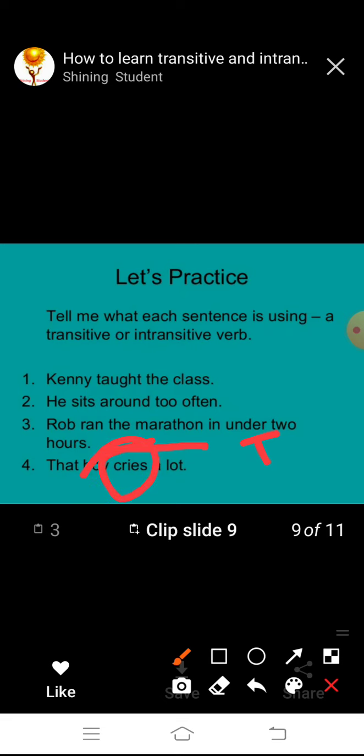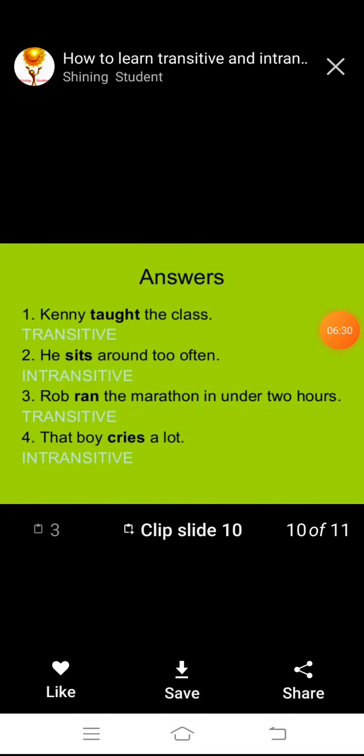The answer we get is a lot. So again it's intransitive. Okay, let us see. Oh wow, the answer is here. Kinney taught the class. Kinney taught what? The class. So it's transitive. He sits around too often. He sits, so it's intransitive. Robert ran the marathon in under 2 hours. It's transitive. The boy cries a lot.